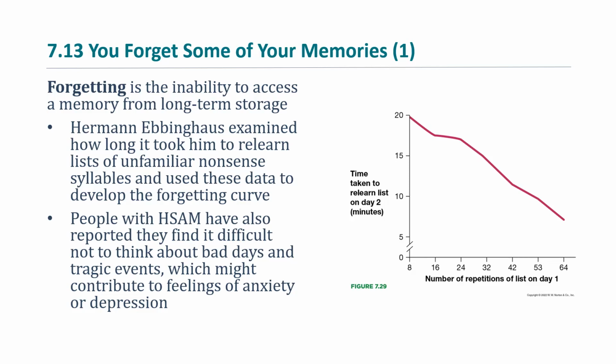And so this was one way of graphing forgetting: the amount of time that you save, based on how well you know something. And this was just one of many experiments that he conducted using himself as his only subject.